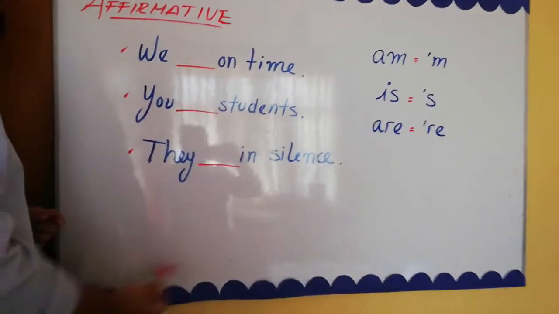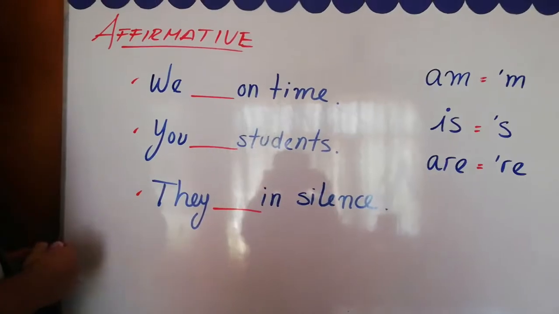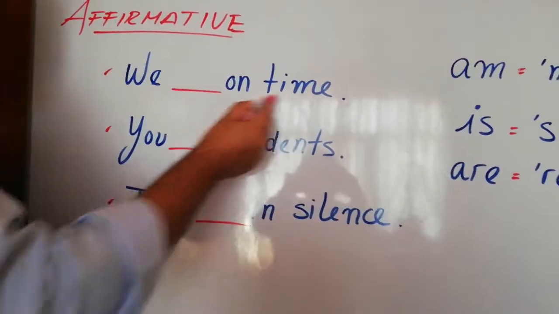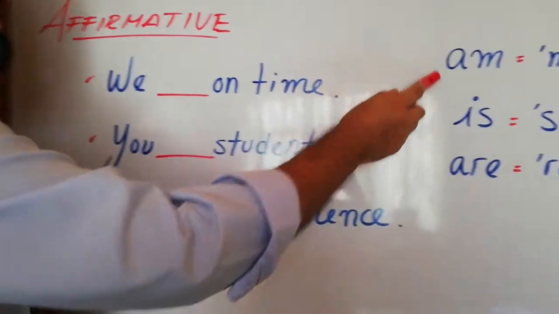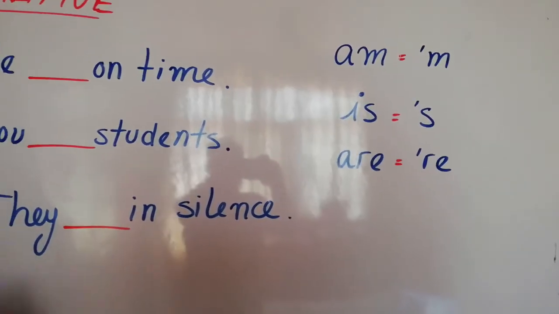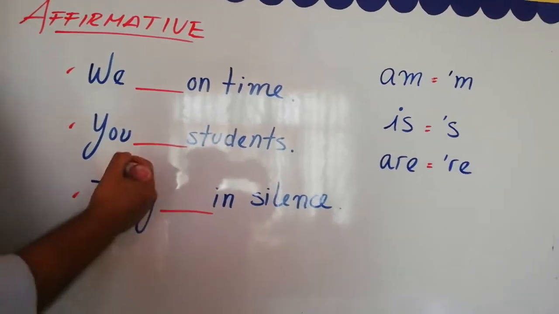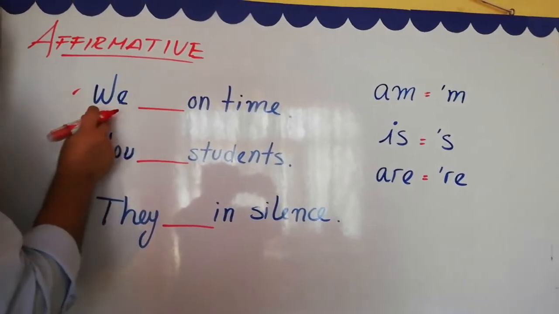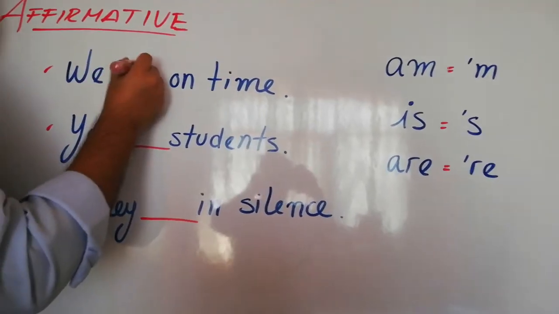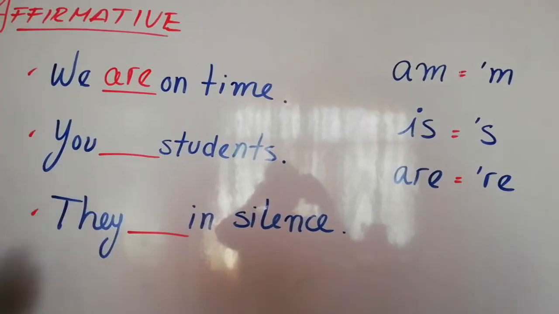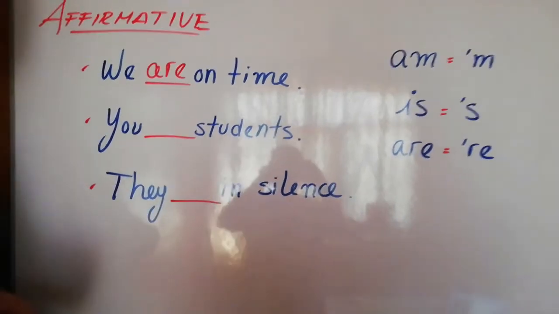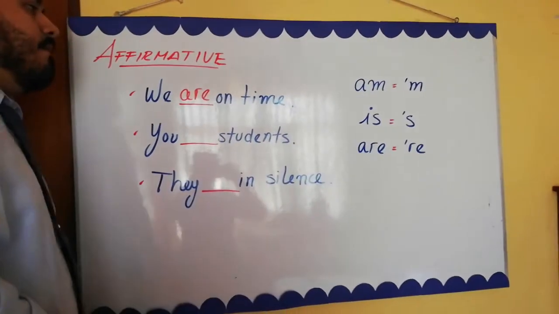So let's see. Here we have three examples. We on time. Which of these ones is gonna be the correct verb be? The correct verb be is gonna be are. So here we have we are on time. Okay? We are on time.